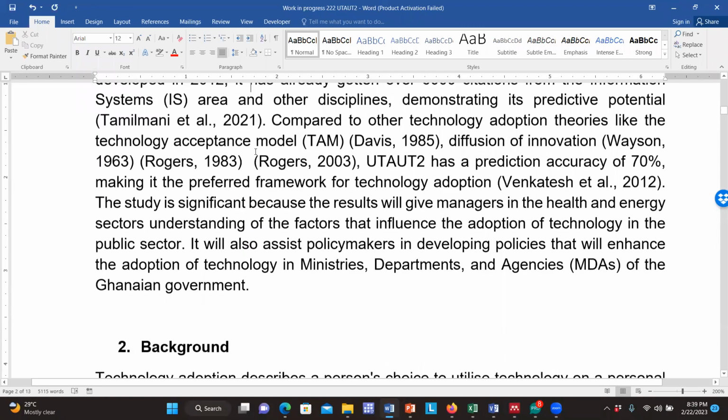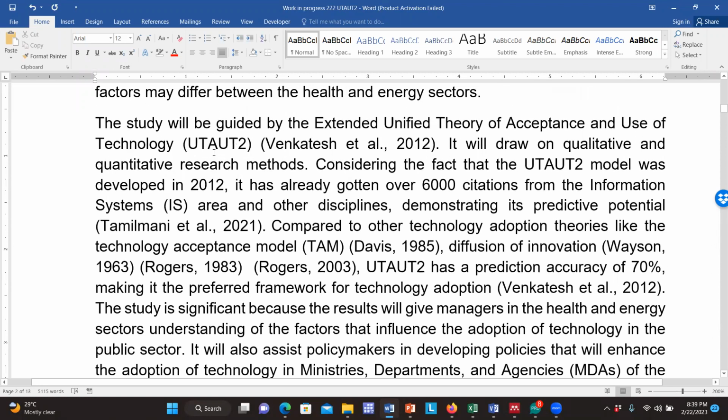He said he has done the theory part using the UTAUT2. He said the third will be guided by this. That has been done. But the method for the data analysis has not been looked at yet. So we'll see about that.